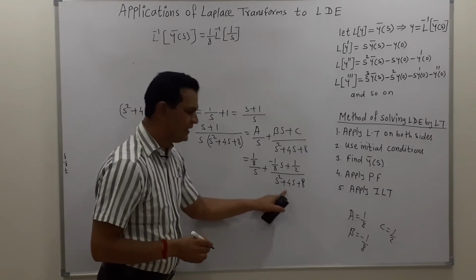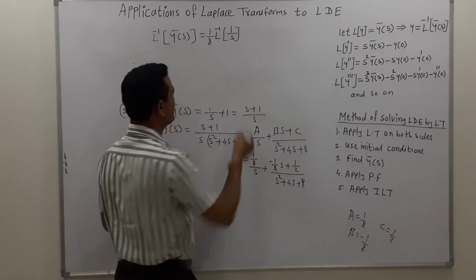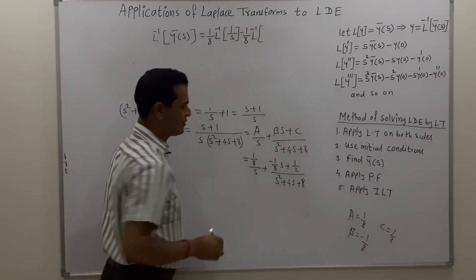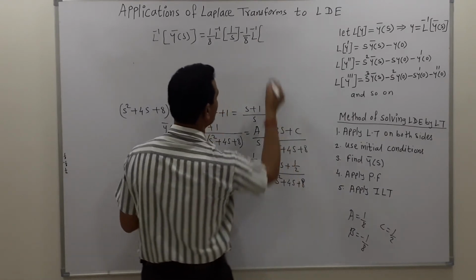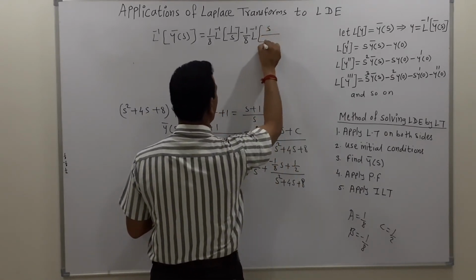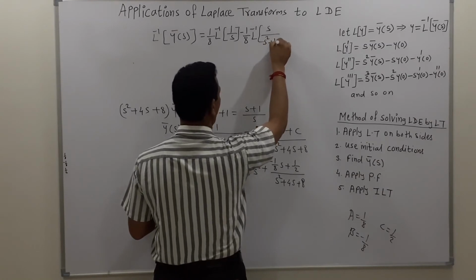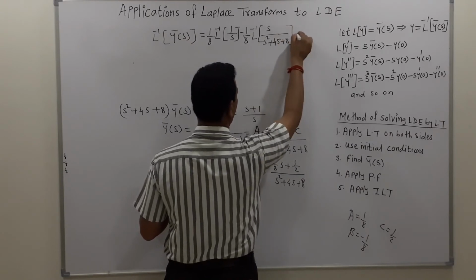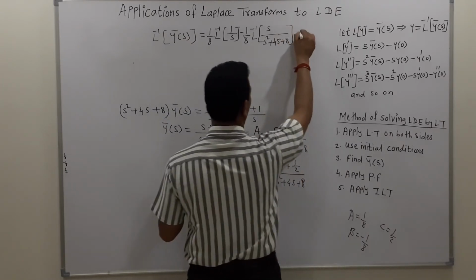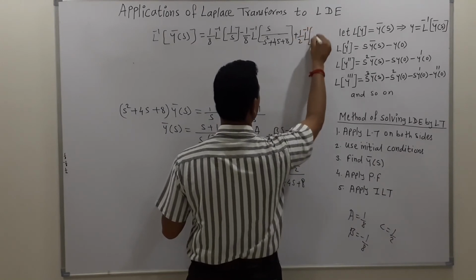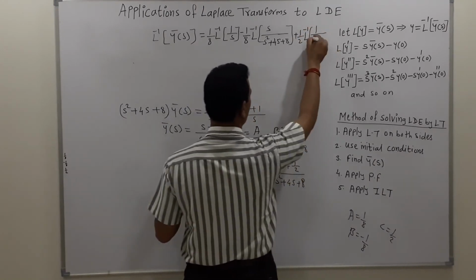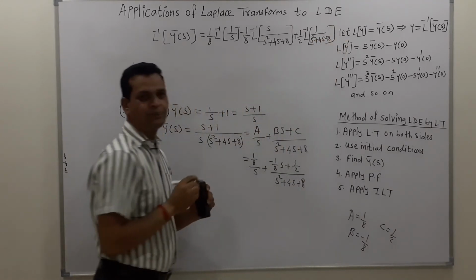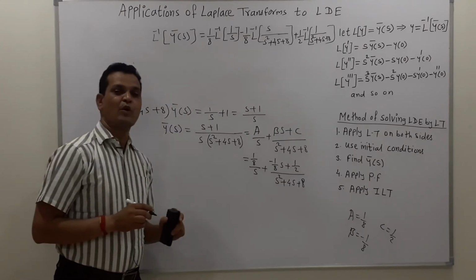Now according to the linearity property for the inverse Laplace transformation, we write this as minus 1 upon 8 into inverse Laplace transformation of s upon s square plus 4s plus 8. Then again this is plus 1 by 2 into inverse Laplace transformation of 1 upon s square plus 4s plus 8. So now after applying the linearity property we get this step.